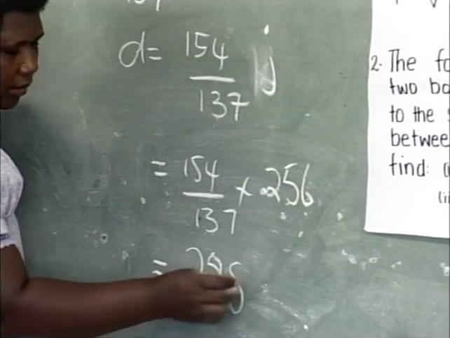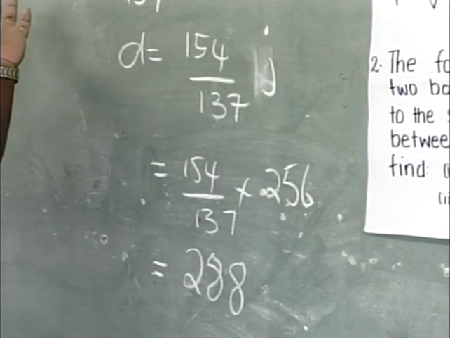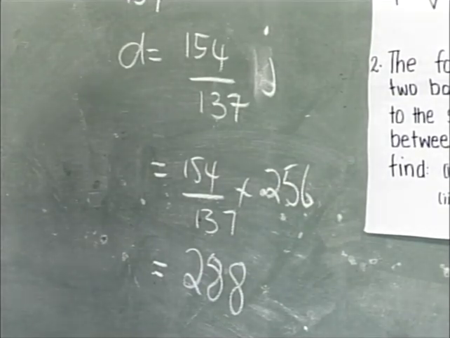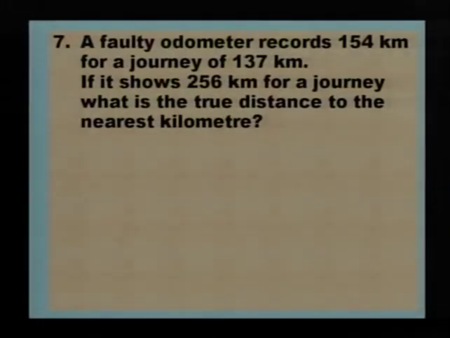288. Okay, we'll just look at this answer and the way we did the other one and see which one makes sense. It says a faulty odometer records 154 kilometers for a journey of 137 kilometers.